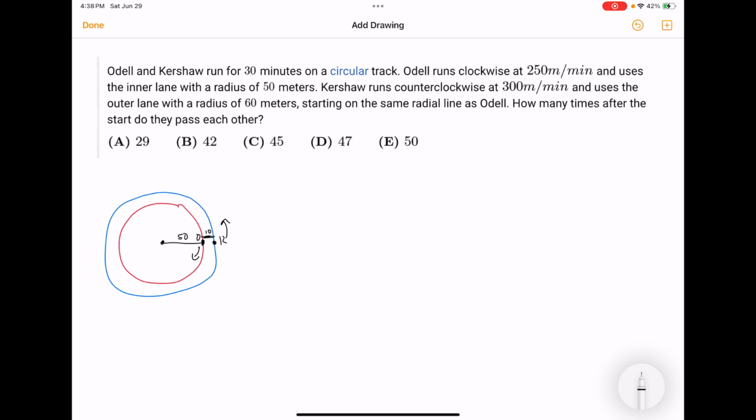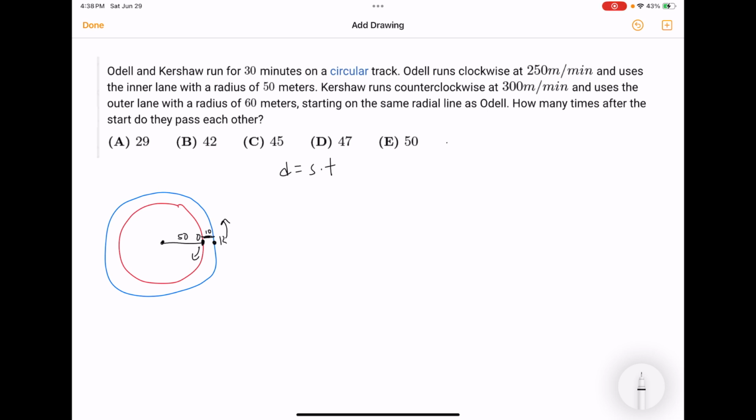Well, we know that distance is equal to speed times time. In this case, we know the distance because it tells us the radius, and this is a circular track. So if we know the radius of a circle, then we can figure out the distance.